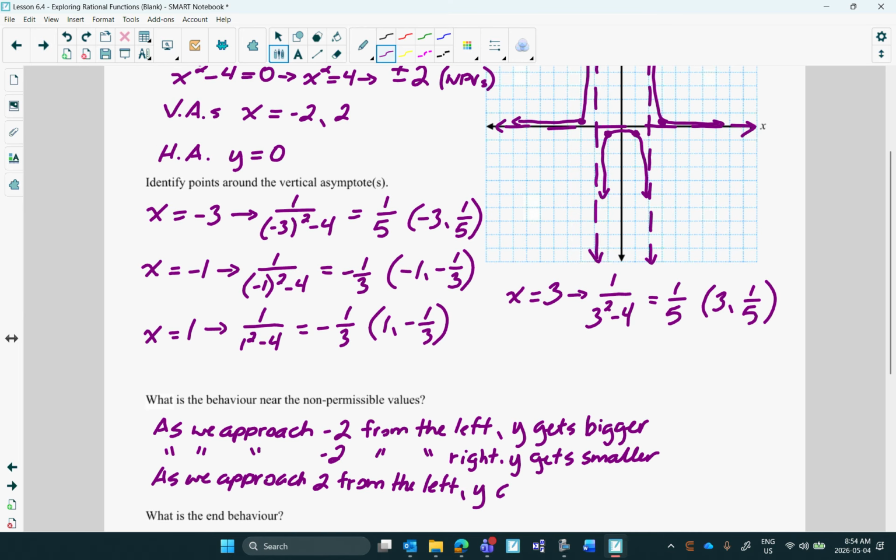So y gets smaller. And as we approach 2 from the right, y starts to climb, gets bigger.